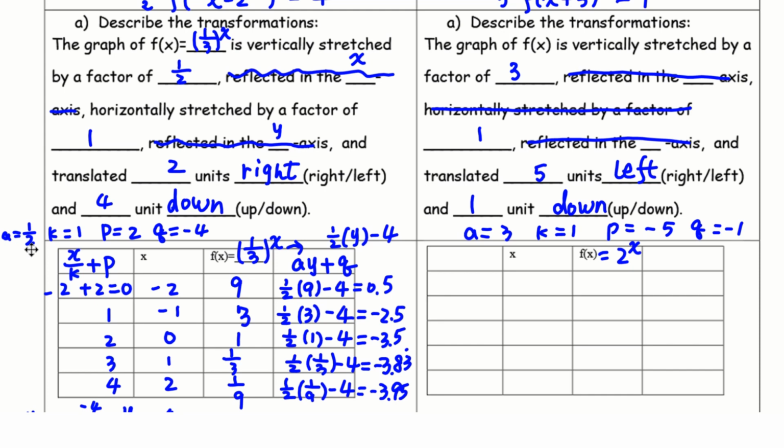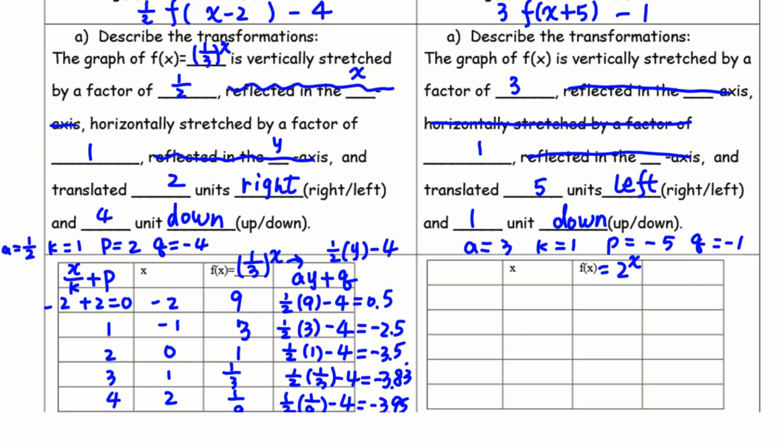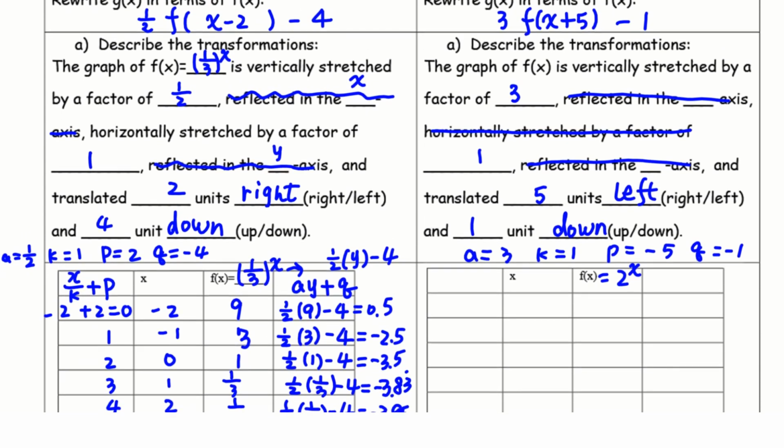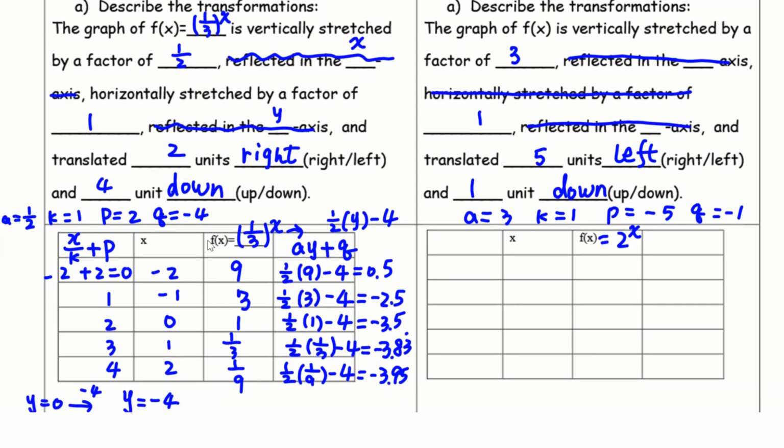Now we could graph the second graph by using the parent function and also using the a, k, p, q to do the transformations. So for the second one, we are going to take the x values around 0 for the parent function. So it's -2, -1, 0, 1, 2.